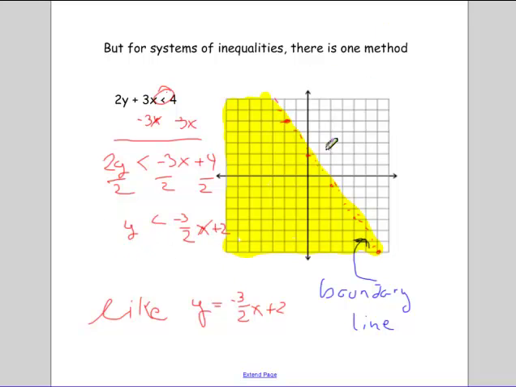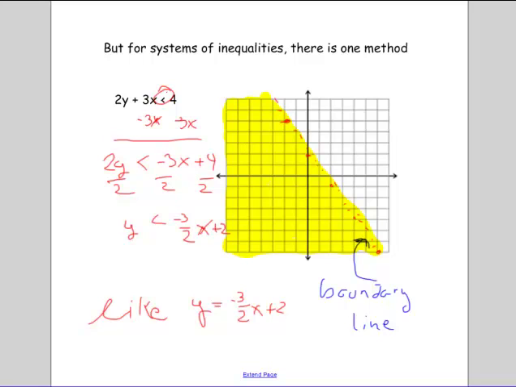You probably don't need to know that, but just realize that our answer isn't this particular shape. It actually continues over here, goes up here, goes down here, and is over here. So I just stopped where the grid line stopped, but the actual shading doesn't. So there are infinitely many solutions, there are solutions here and here and here and here, everywhere where there's yellow. So the boundary line that's dotted and the shaded region below, that's our answer.